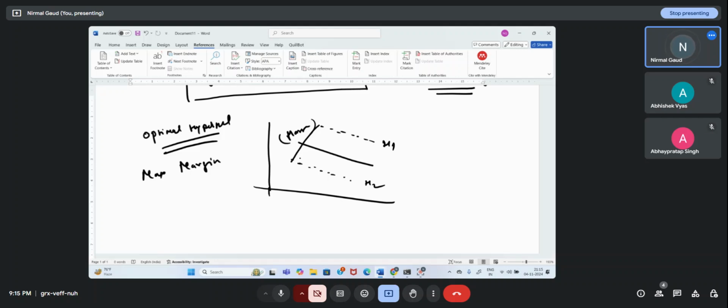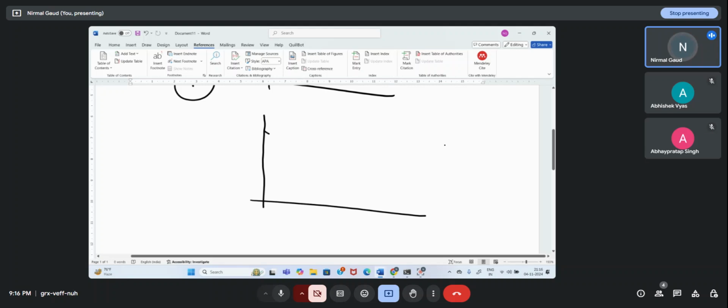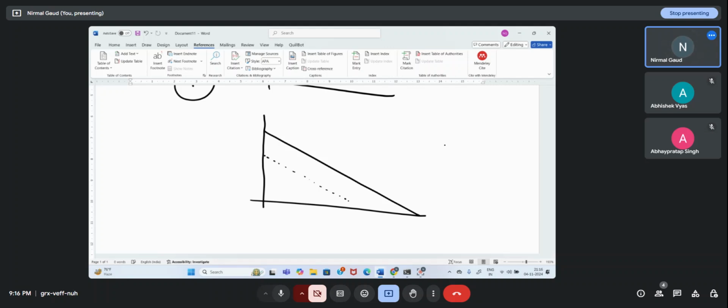How to find what will be the value of margin? Let us suppose it is M. What I can do is, now see, again, I'm making a good diagram here. Let us suppose this is your hyperplane, this is your h1, this is your h2.